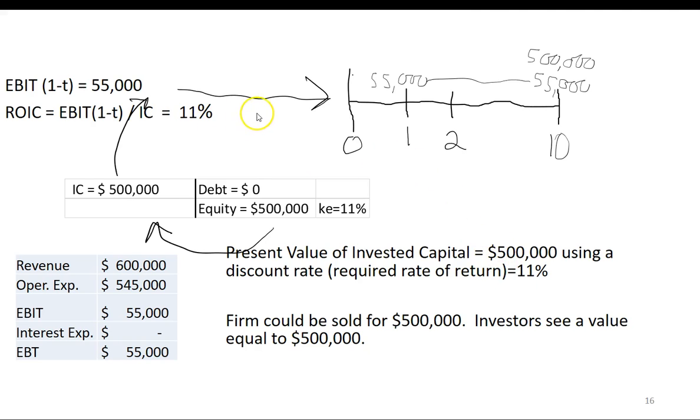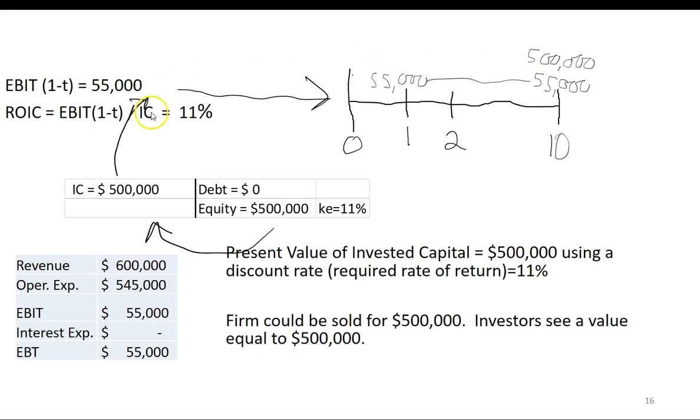So we have a company with an invested capital of $500,000. Let's assume that this company is generating $55,000 a year for the next 10 years. At the end of the 10th year, you get back your investment of $500,000.